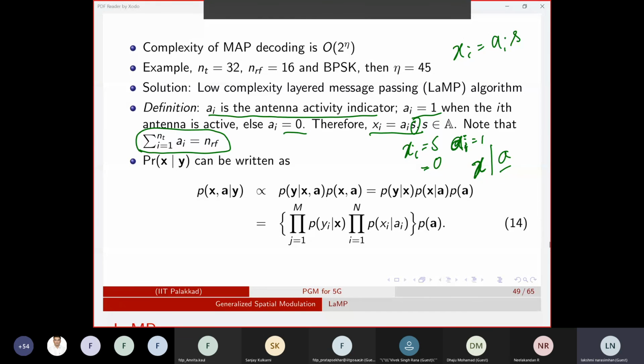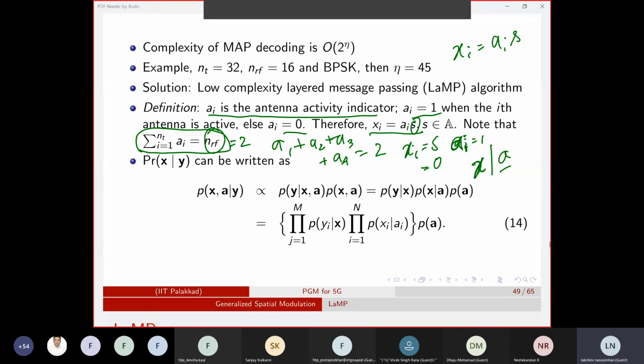So in a generalized spatial modulation scheme, the number of active antennas is always fixed. So the active antennas will add up to NR. In our previous example, NR was 2, right? So I sum A1 plus A2 plus A3 plus A4, and they should be equal to 2. This is exactly similar to the check nodes that we had in the LDPC case.